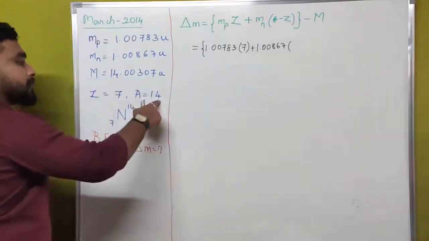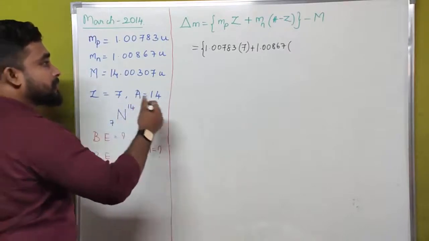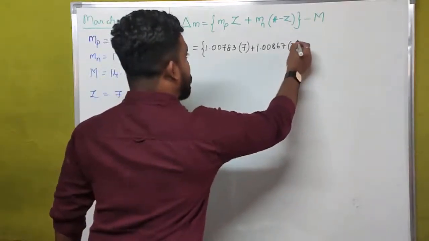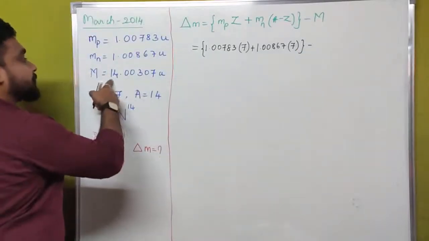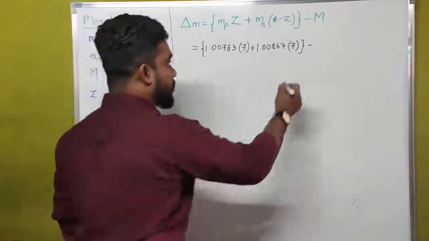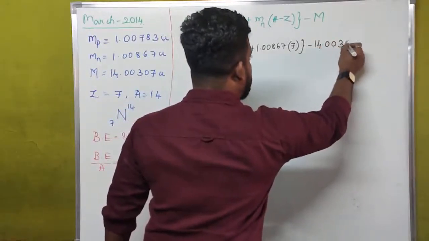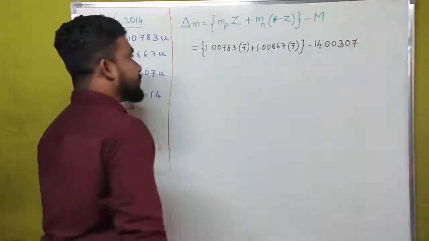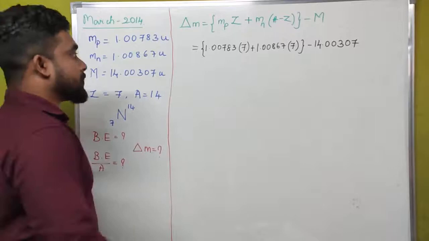Here we have A is equal to 14, Z is equal to 7, so 14 minus 7 is also equal to 7. And what is the value of capital M here? That is 14.00307, the mass of a nitrogen nucleus.